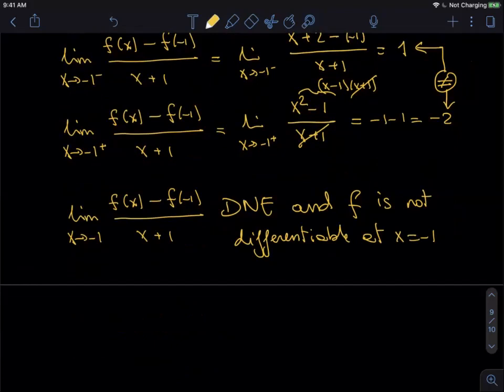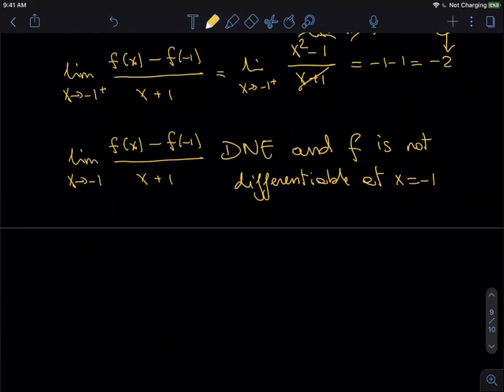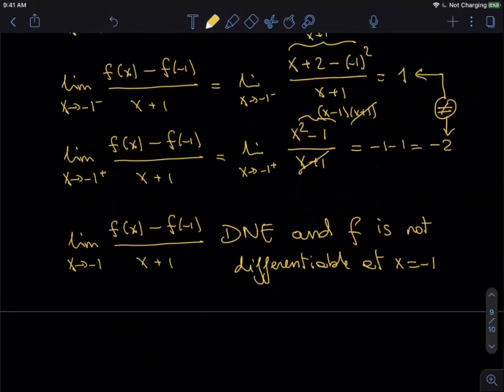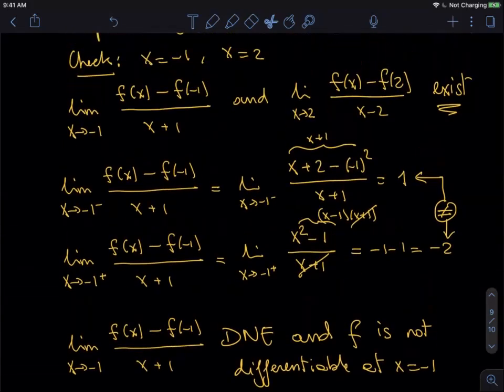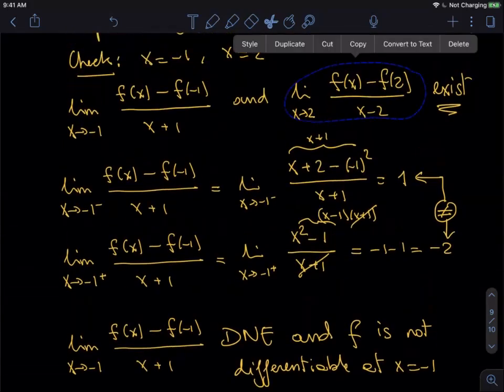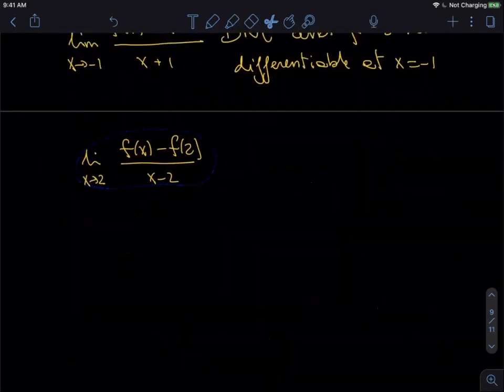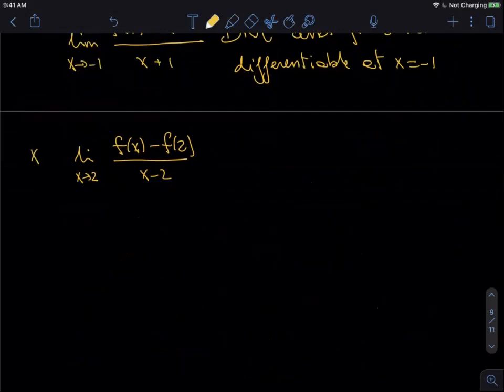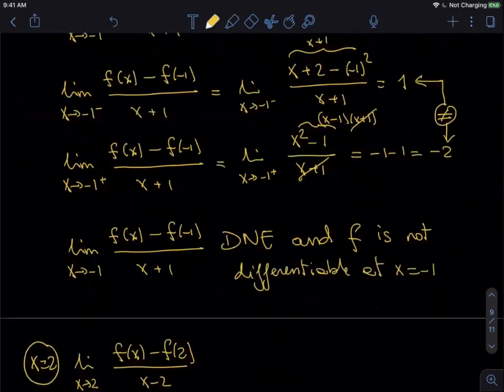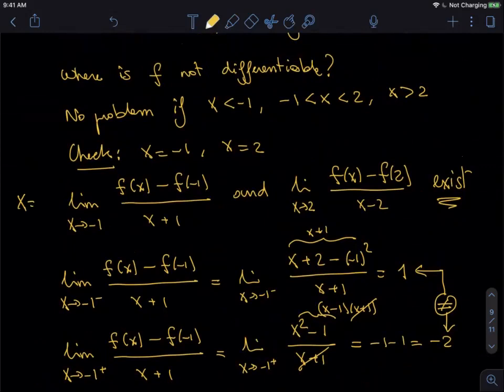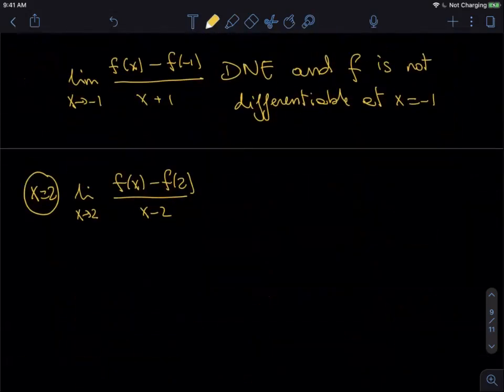All right. So we still need to do the other limit, right? The other point, x equals 2. This is x equals -1, then x equals 2.